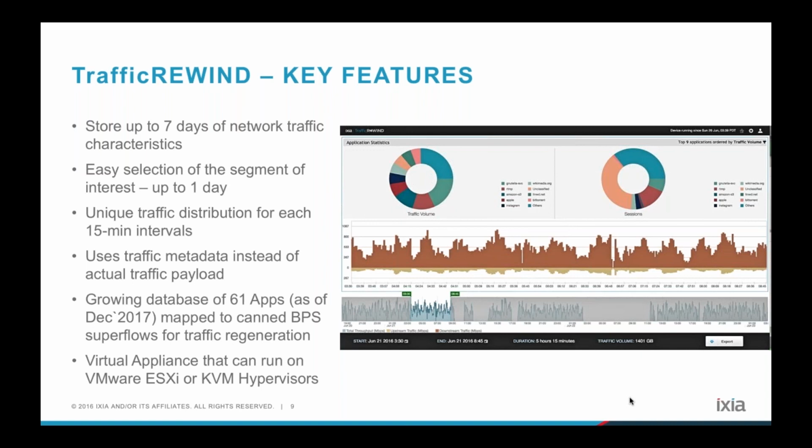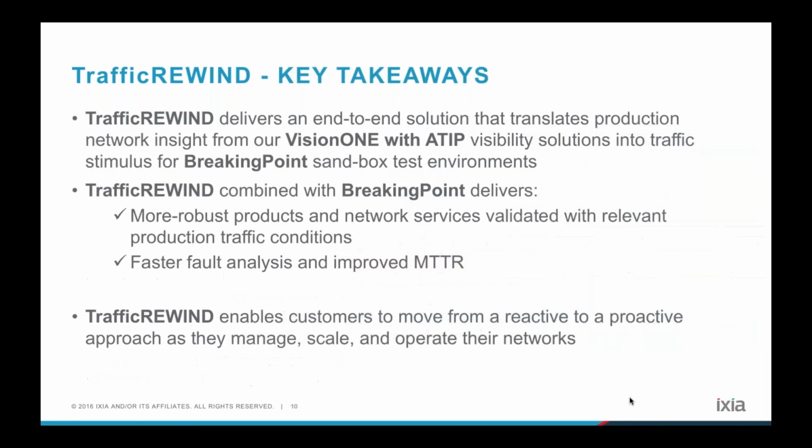Now, getting back to your initial question, Corey, the most important takeaways that I would mention from this session are as follows. First, with TrafficREWIND, we can enable an end-to-end solution that uses production network insights, which are captured from Ixia's ATI stack, to create configurations for Ixia's BreakingPoint that ultimately generates realistic network traffic in a lab environment.